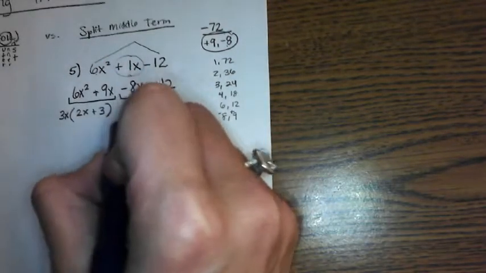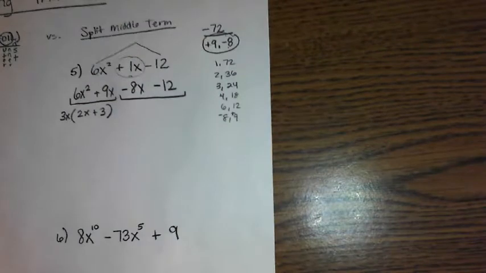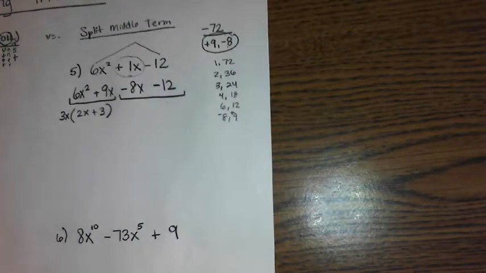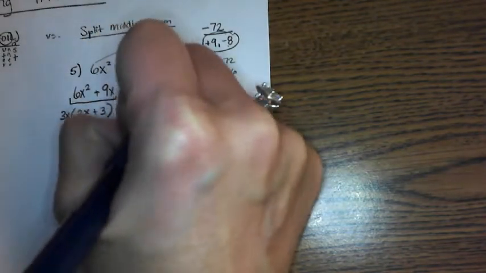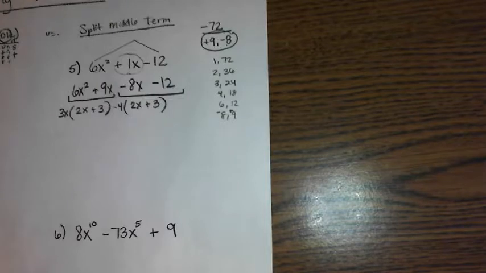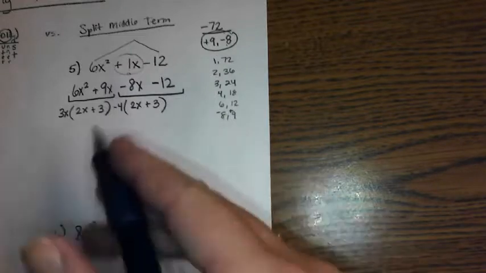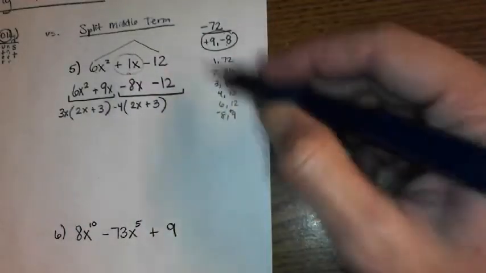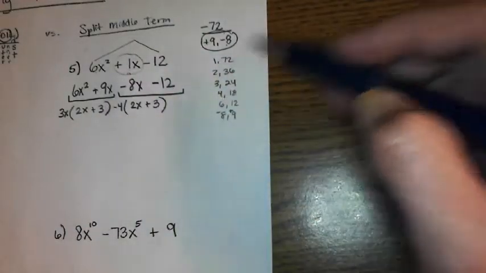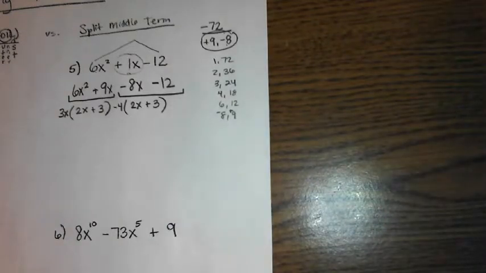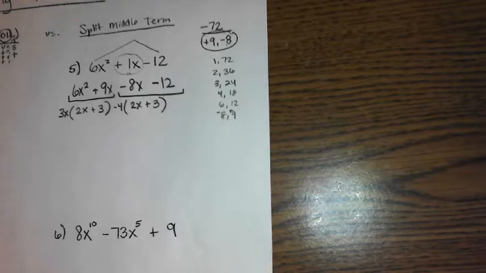On my second group, I'm taking out a negative 4. Did grouping work? It should. If you picked the right 2 numbers, it should. Okay? If the 2 numbers don't exist that make all that happen, then it's not factorable by grouping. Okay? It's not factorable by splitting the middle term. It's probably not factorable at all.